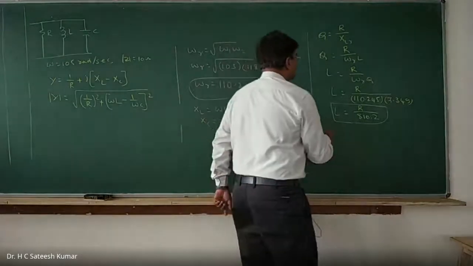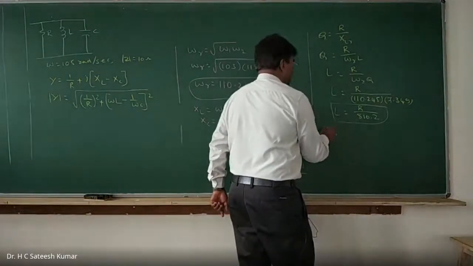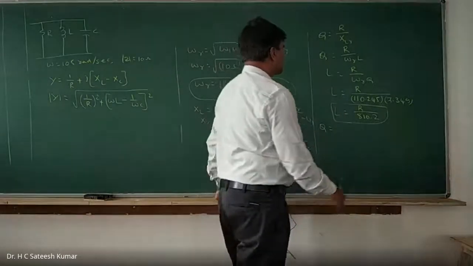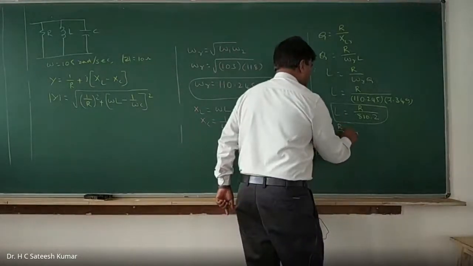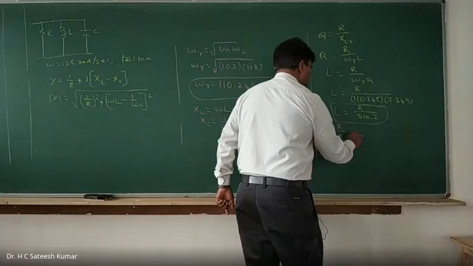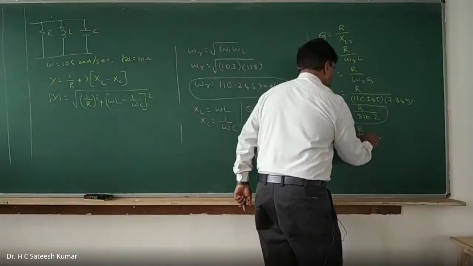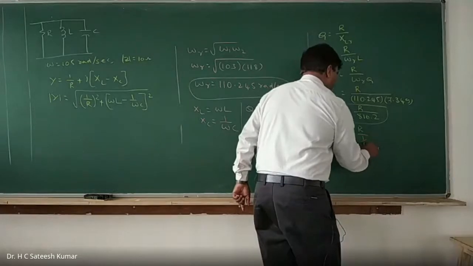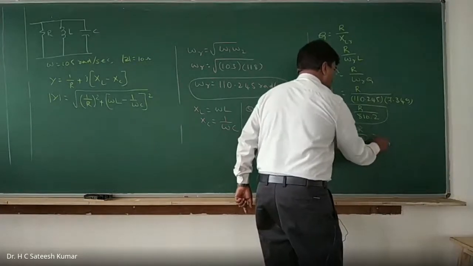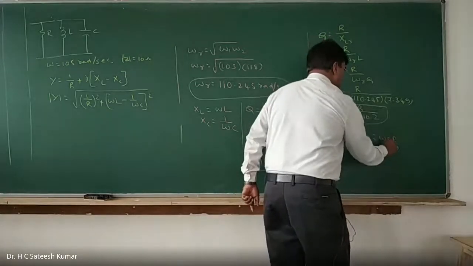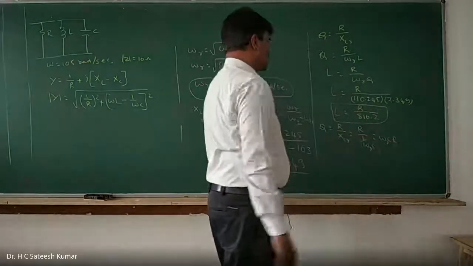So what we can write is, Q is equal to one more relation we have: R divided by XCR, which is nothing but R divided by 1 divided by omega R into C, which is equal to omega R into C into R. This will go to the numerator.